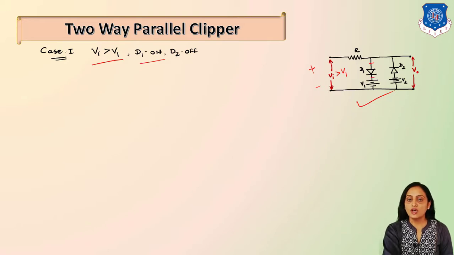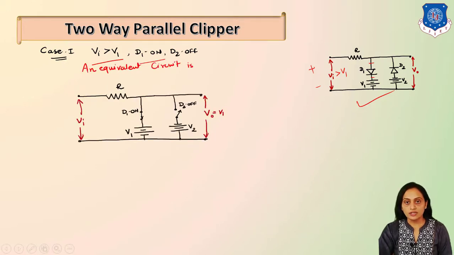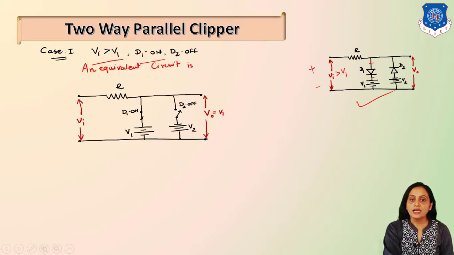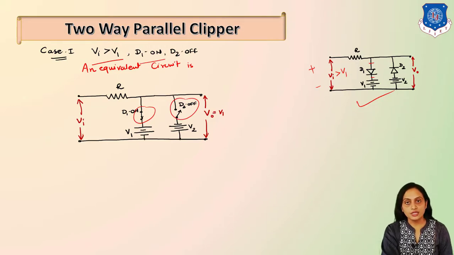That is why D1 is on, D2 is off. If we plot the equivalent circuit for this, D1 is shown with a closed switch and D2 with an open switch, and the output voltage is V1.